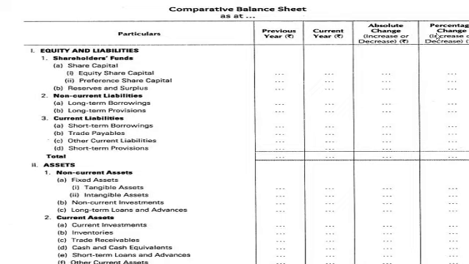And in the last column you need to find out the percentage change. So you will come to know how much share capital is increased or current liabilities increased, or the working capital or current asset is increased or decreased.